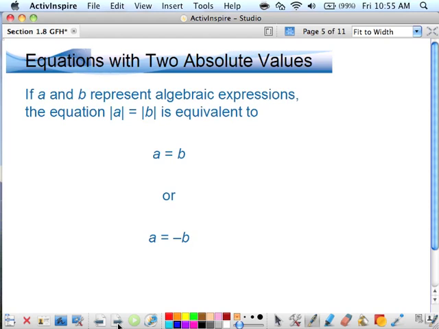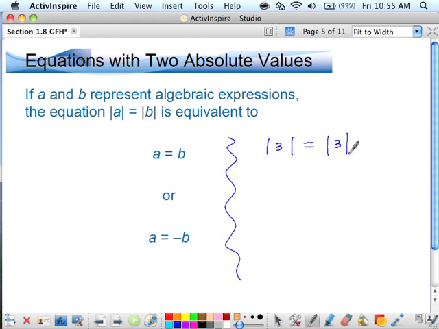So when you split apart an equation that has two absolute values, it's either what's inside the left equals exactly what's inside the right, or they're opposites. Those are the only two things that could be true. For example, the absolute value of 3 equals the absolute value of 3, that's true, right?